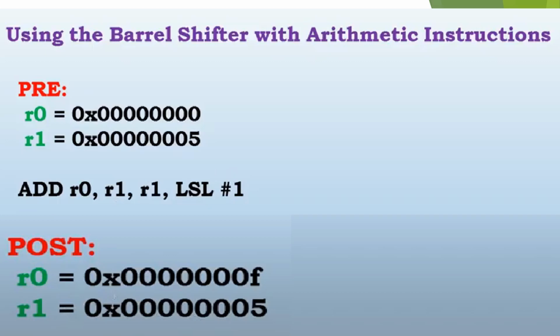That is F. Left shift means multiply by 2, right shift means divide by 2. So 5 into 2 is 10, and again you add the same value 5, you will get 15. So in hexadecimal it is F.